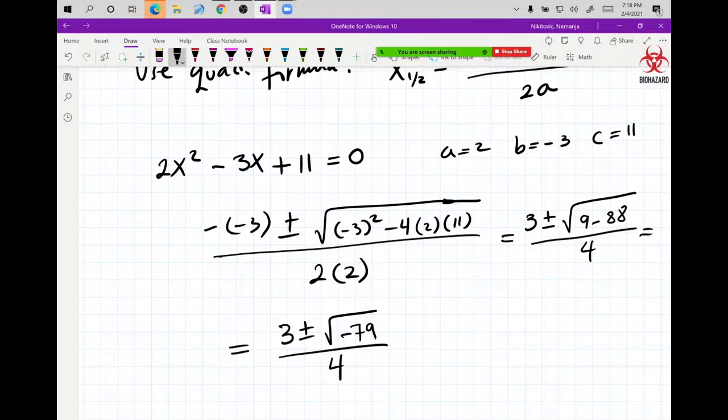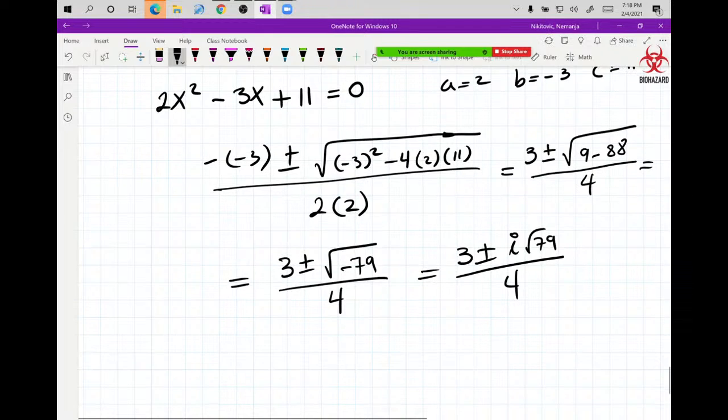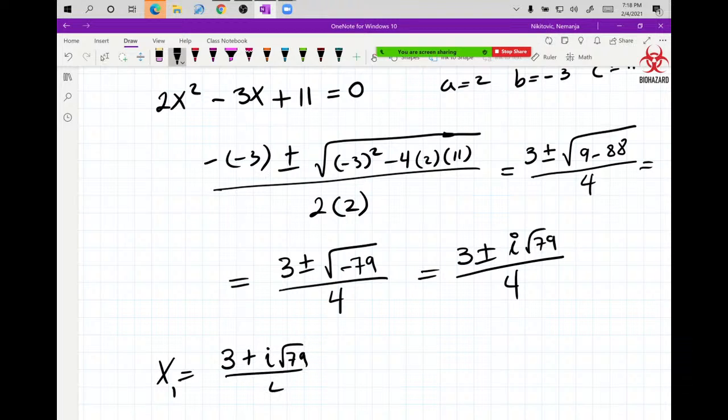Complex numbers. Yes. 3 plus minus i square root of 79, I'm just going to leave it, over 4. So now your x1, the first solution, is 3 plus i root 79 over 4, and x2 is 3 minus i root 79 over 4.